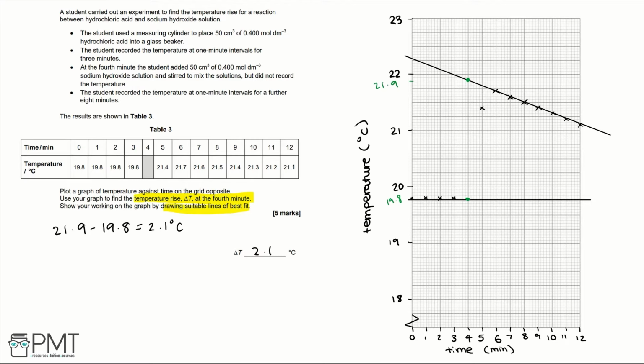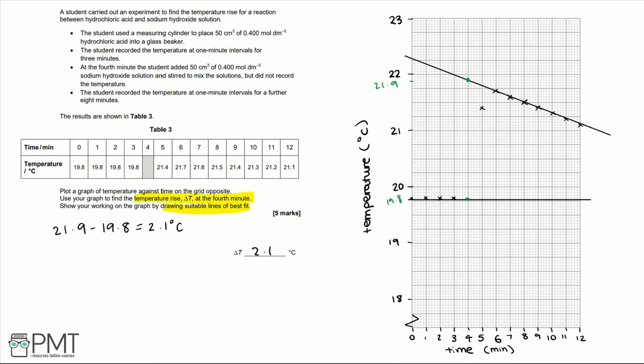To get the 5 marks for this question, you get your first mark for plotting temperature on the y-axis and using sensible scales, such as a minimum of 20 little squares for each degree Celsius on the y-axis, which we've used here. You get your second mark for plotting all of the points correctly, plus or minus half a small square. You get your third mark for drawing 2 lines of best fit, one from 0 to 3 minutes and one from 6 to 12 minutes.